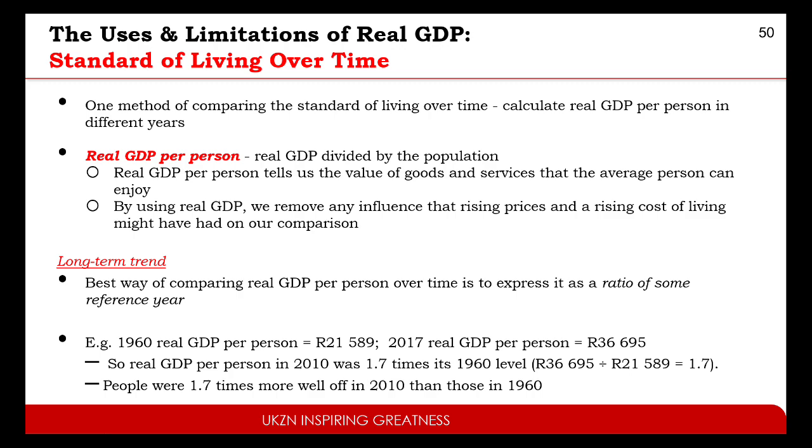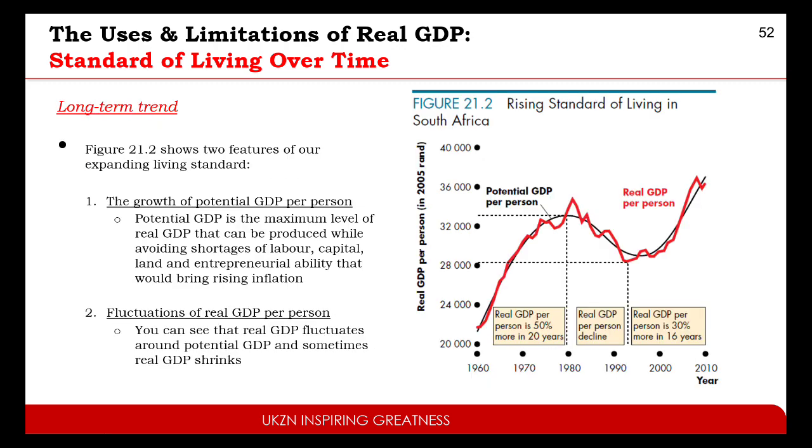The higher the better, that means more people have a higher standard of living. Then the growth of potential GDP per person. As you can see, potential GDP per person and real GDP per person. Potential GDP per person is what that country could have, but obviously they can't.